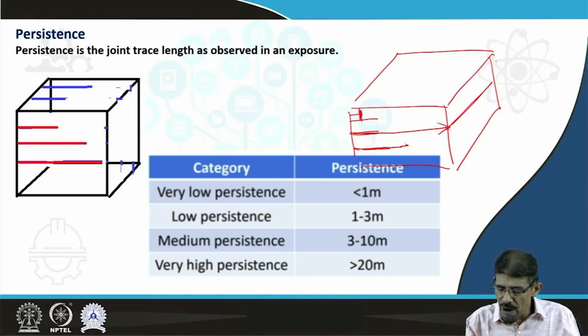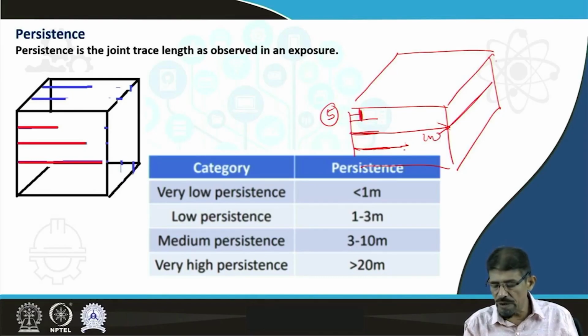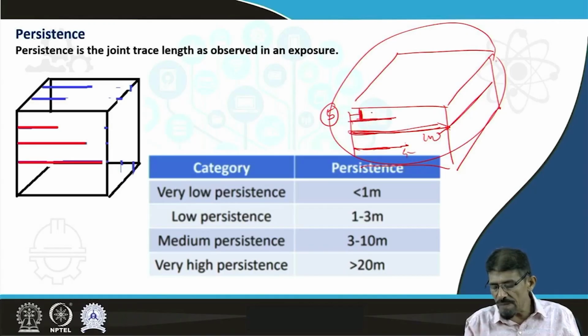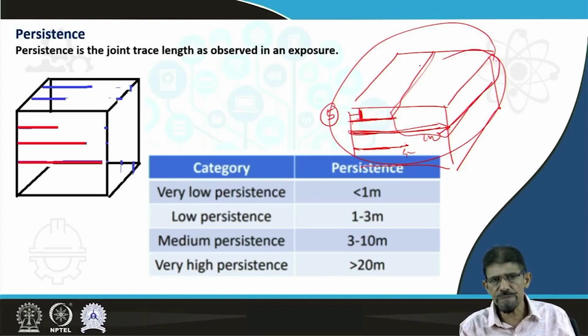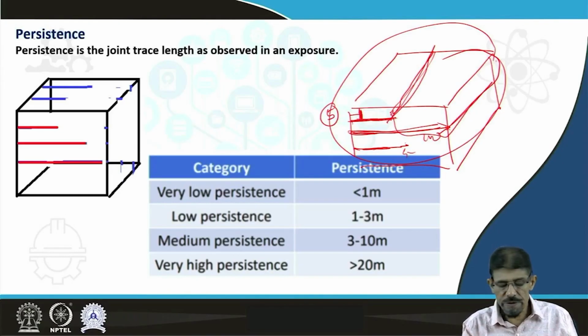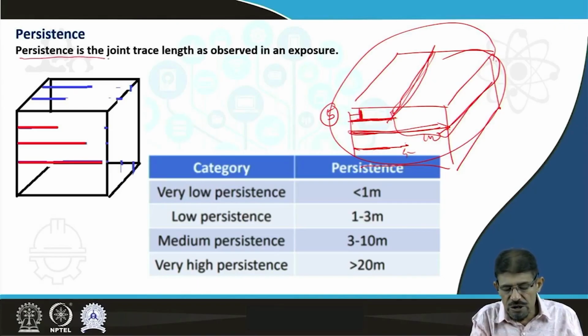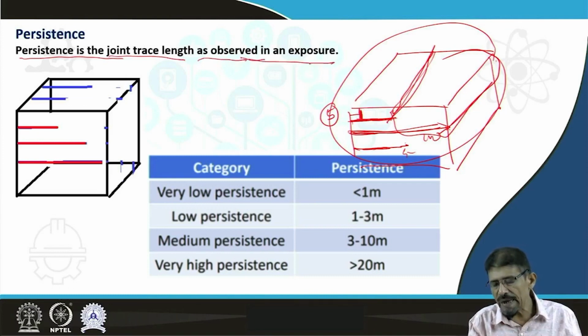Here 100% extension is available, here 50%, and here 5%. So this persistence is also going to influence, because if the extension is limited, a major part of this block is away from the traverse. So persistence is the joint trace length as observed in an exposure.